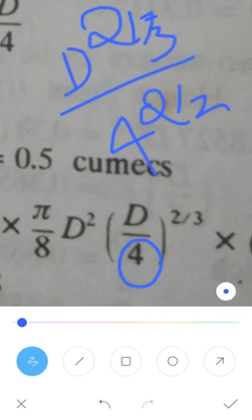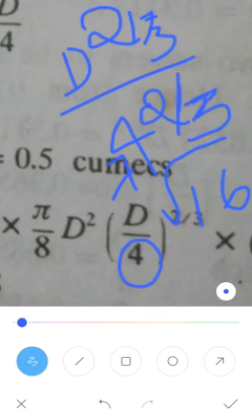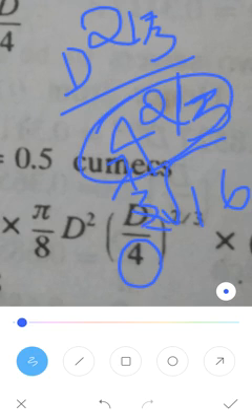You have to separate it out. Don't forget this. First do the square, 4 square, and then the cube root of 4 square, that is cube root of 16. So this denominator is the cube root of 16.